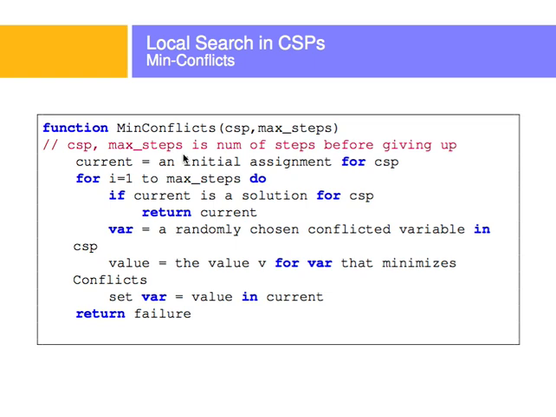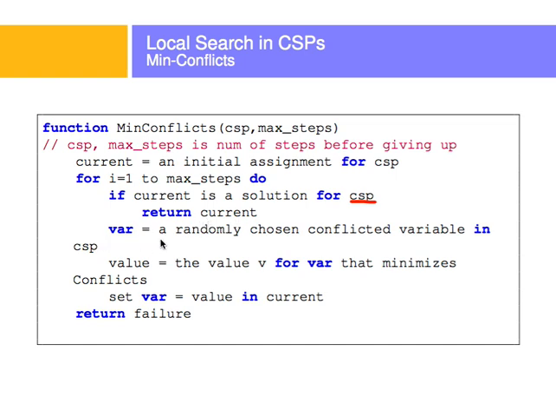The idea here is that we will look at the current assignment to see if it is a solution for the constraint satisfaction problem. If it is, then return it.